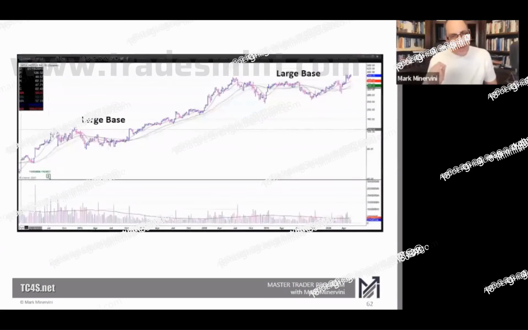Another thing, there are a few caveats when you're looking at these charts and the trend analysis. When you have very large bases, or bases that had a big decline or several big declines, like here with Netflix, you came off here, you rallied, you came off again, and now you've had a few good sized declines and you've moved sideways for a long period of time.